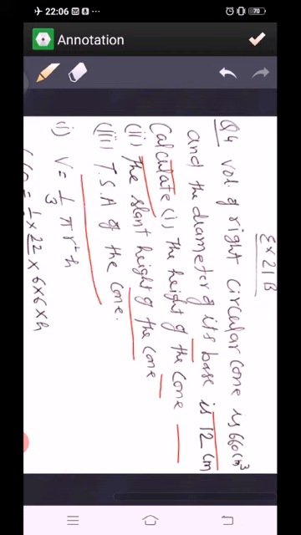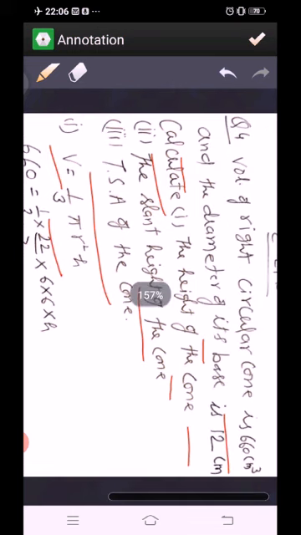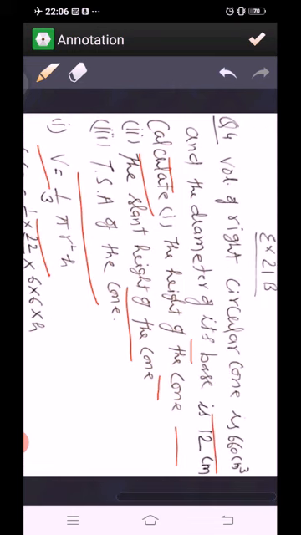So first of all we have to find height. Here the base diameter is given as 12 centimeter, so the radius will be 6 centimeter.